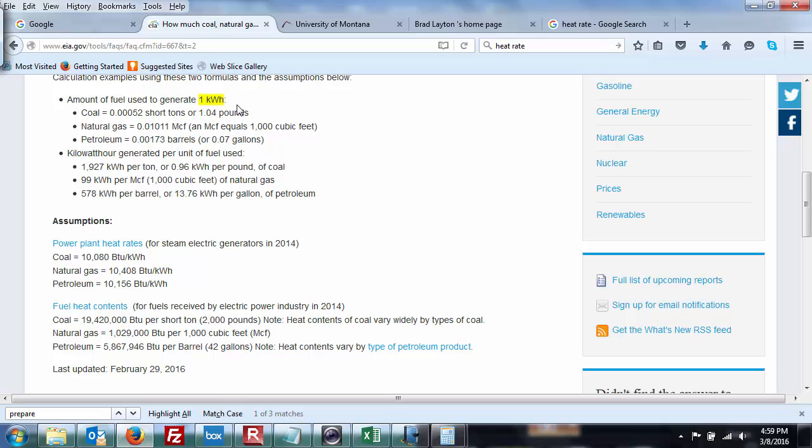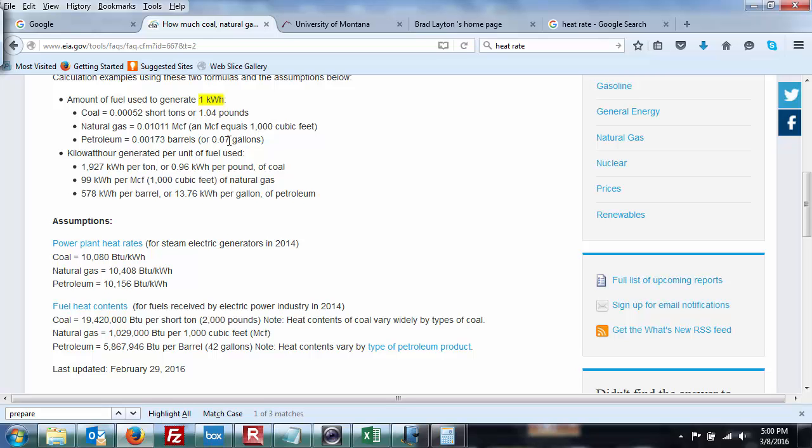Or you're going to need to burn 1/100th of 1,000 cubic feet, or 10 cubic feet of natural gas. Or you're going to have to burn 0.07 of a gallon, around a cup of oil, to run the house.